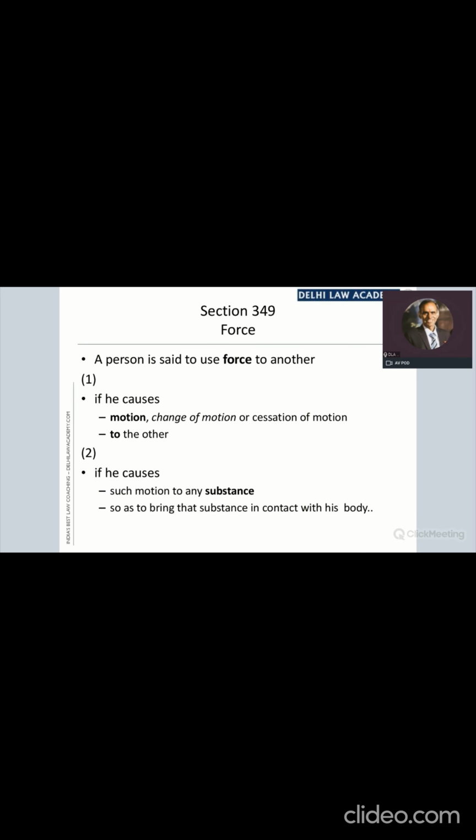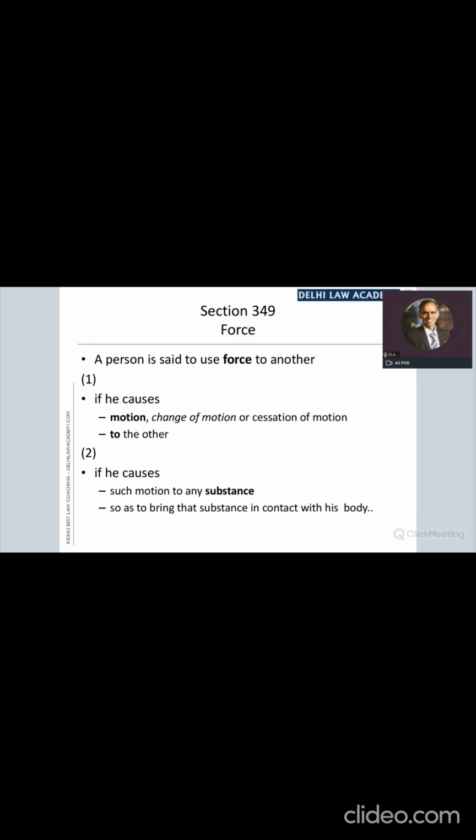But it need not always be related to the second person directly. Use of force will also be there if the first person causes motion not to the second person but to a substance in such a way that that substance comes in contact with the body of the second person.